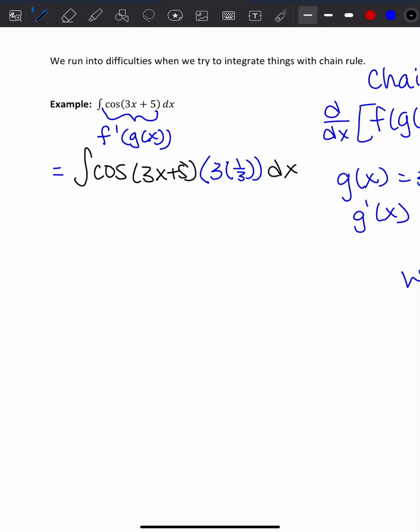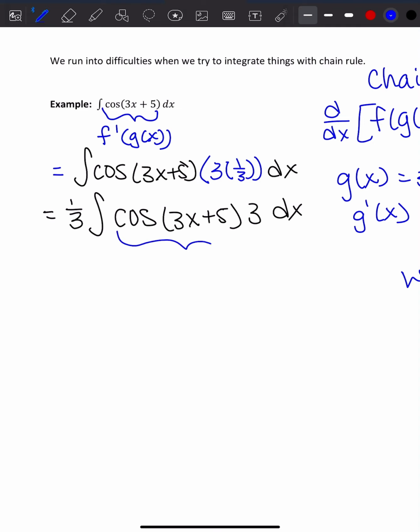We don't really care about the 1/3, so we're going to move that all the way up front. So what we have now is this is f prime of g of x. This is g prime of x.